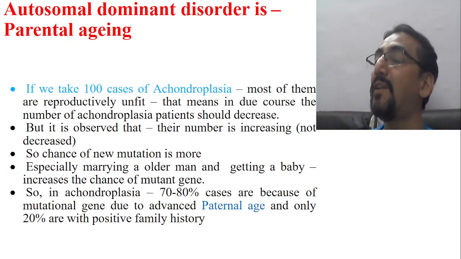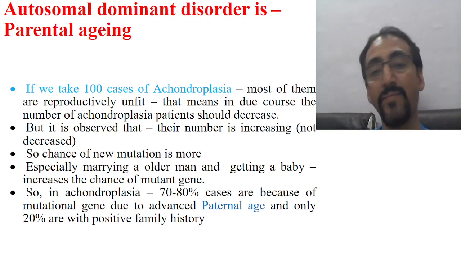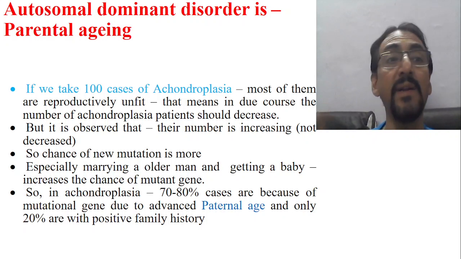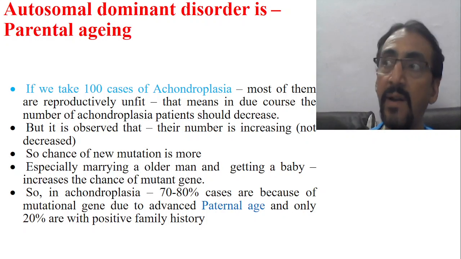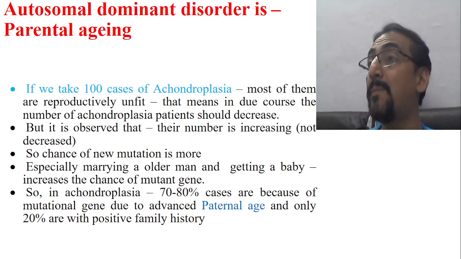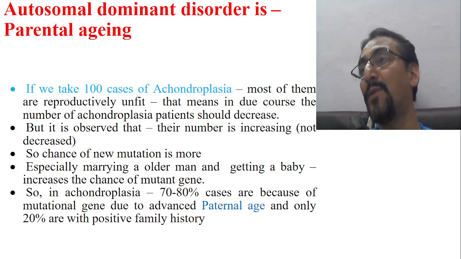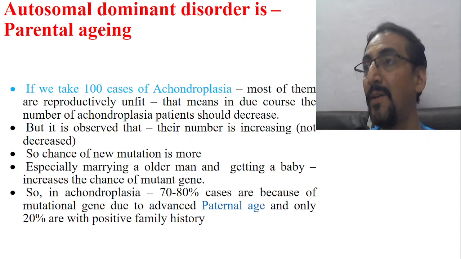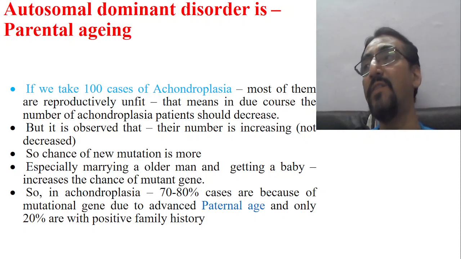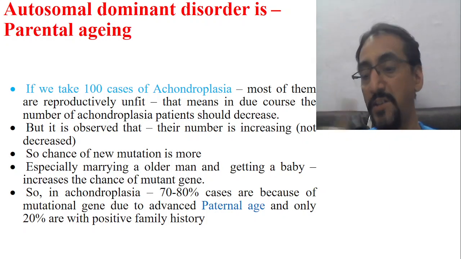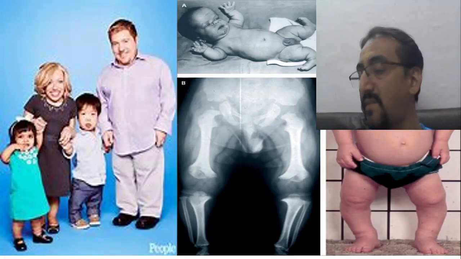Similarly, if the age of the father is more, there is a chance of achondroplasia. So paternal age, not parental, paternal age, is one of the important factors. This is another important thing with autosomal dominant disorders: if the paternal age is more, the chance of development of achondroplasia is more.